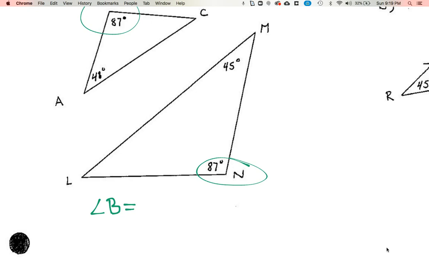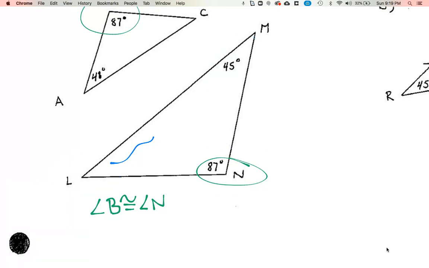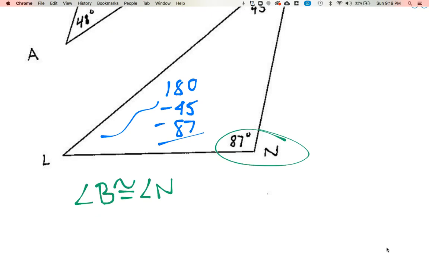Angle B is congruent to angle N. A is not congruent to M. Now you might say, well, A is congruent to L. Well, chances are it is. Let's just show it. All three of these have to add up to 180. So let's subtract them away. And they do indeed work out.